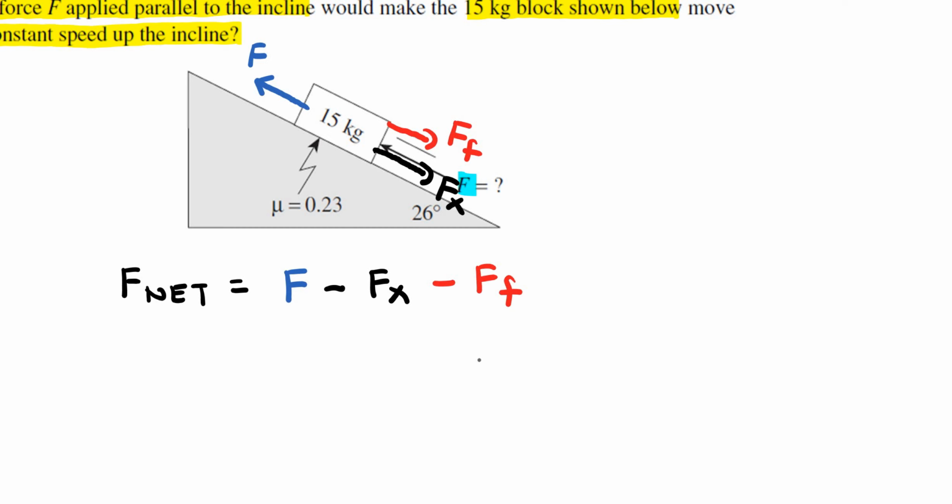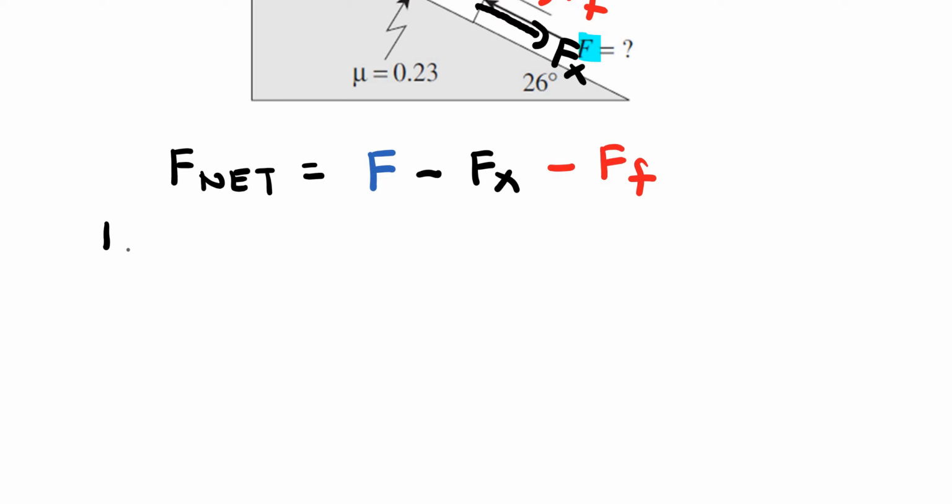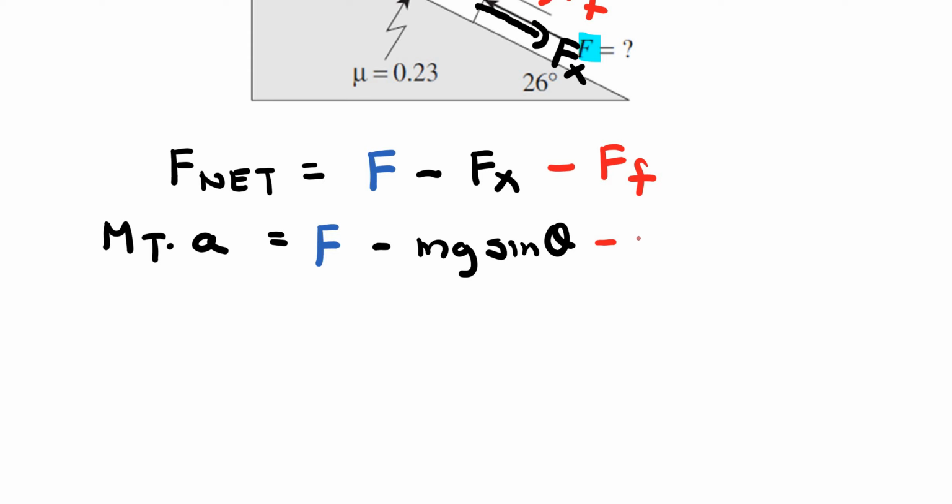Using Newton's second law, this is going to be the total mass times the acceleration equals the force in the blue font minus the force in the x direction, which is mg sine theta, minus the force of friction, which is basically mu Fn times cos of the angle. And we know the force normal is the same as the force of gravity, which is equal to mass times the acceleration due to gravity.